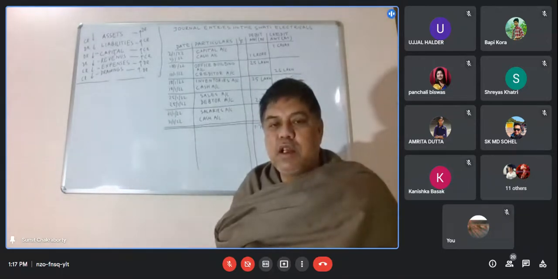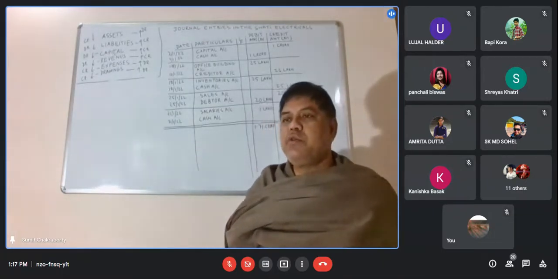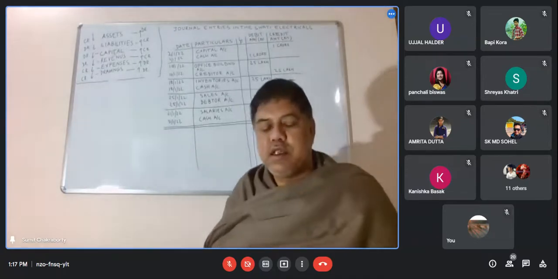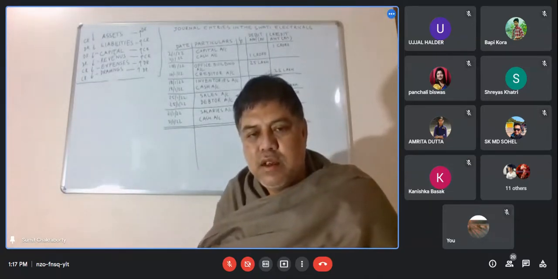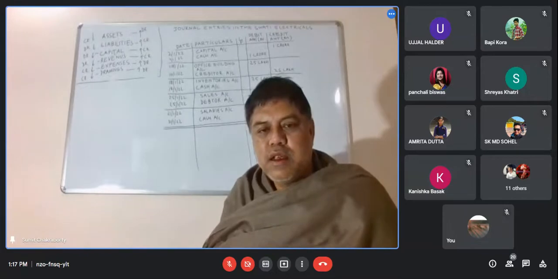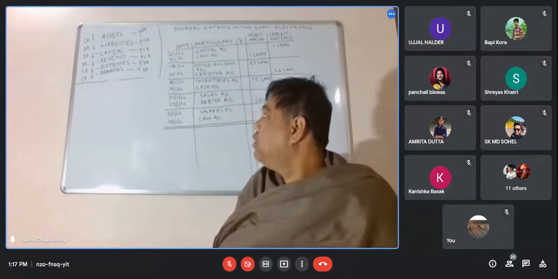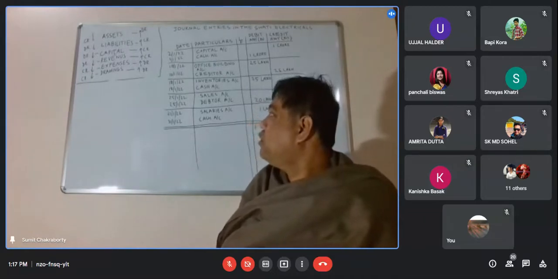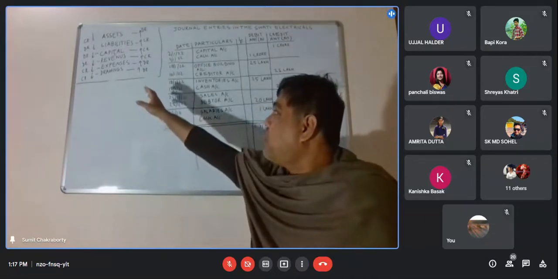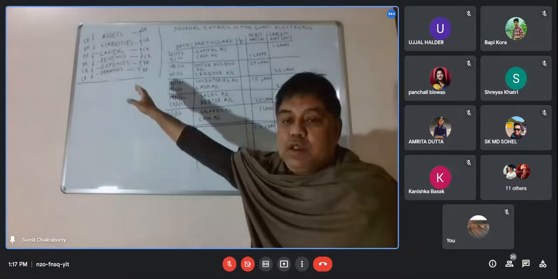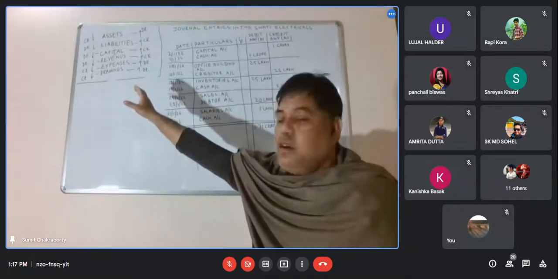If I say the Swati withdraws fund of rupees 10 lakhs, then what will happen? Who is going to tell me? Withdrawals fund, any withdrawal by the owner, because Swati is the sole proprietor.